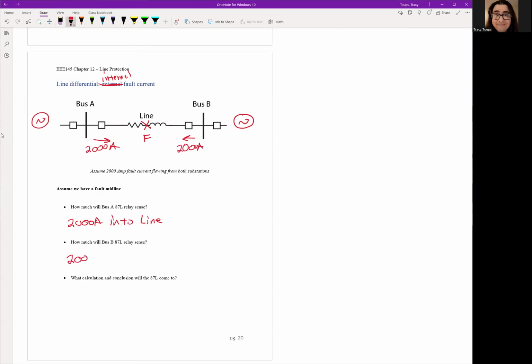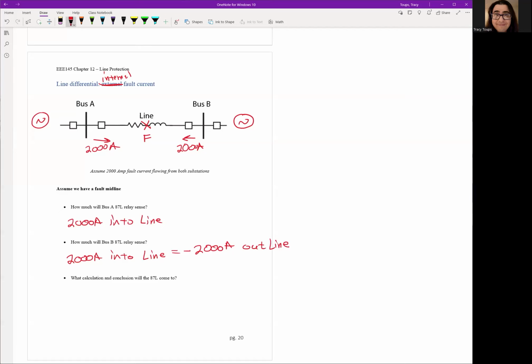So I see another 2,000 amps into the line, which is weird because I expect it to be going out. So 2,000 amps going into the line is actually negative 2,000 amps flowing out of the line, right? Because remember, normal Kirchhoff's current law, if I see the 2,000 amps flowing into bus A, I want to see 2,000 amps flowing out of bus B, but I don't. I see 2,000 flowing in.